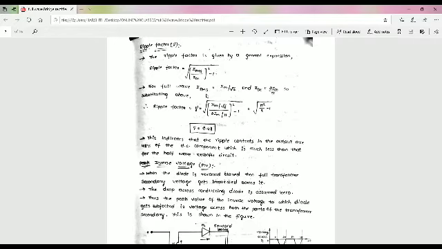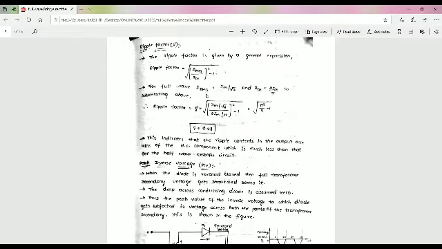That is equal to square root of (pi square by 8) minus 1. So ripple factor gamma equal to 0.48. This indicates that the ripple content in the output is 48% of the DC component, which is much less than that of the half wave circuit.